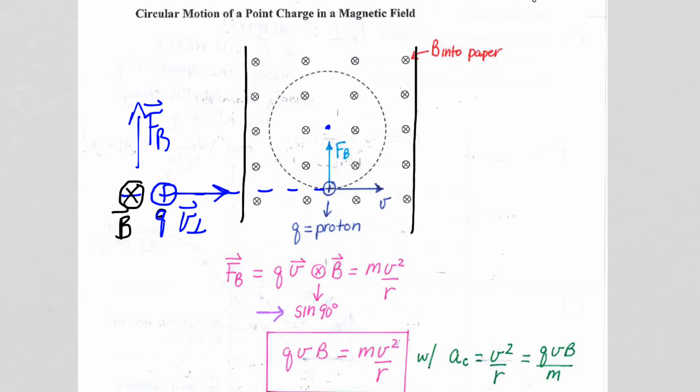Well, it would still continue to spiral, but now it would also have this additional velocity parallel to the B field lines. So we would get, in that case, sine of 0 degrees, so there'd be no magnetic force, so it would be just circling and spiraling away from you. And again, that's just a peek ahead. We'll talk more about that later. So for right now, perfect circular motion in the plane of the page.